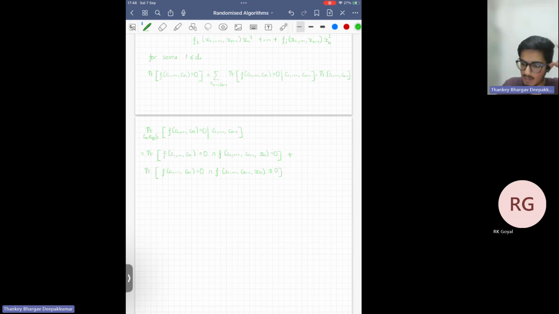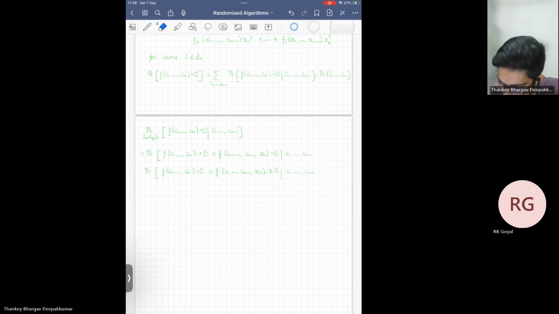So what am I doing? I'm just looking at one of these. I am dividing this event into two parts. Over here the conditioning is there. I'm sort of ignoring it. Let me say I'm ignoring conditioning, rather suppressing.